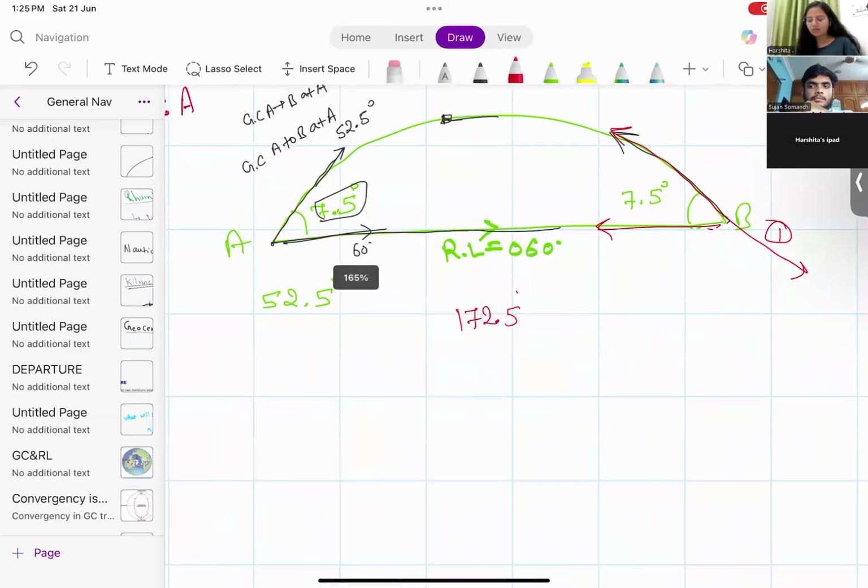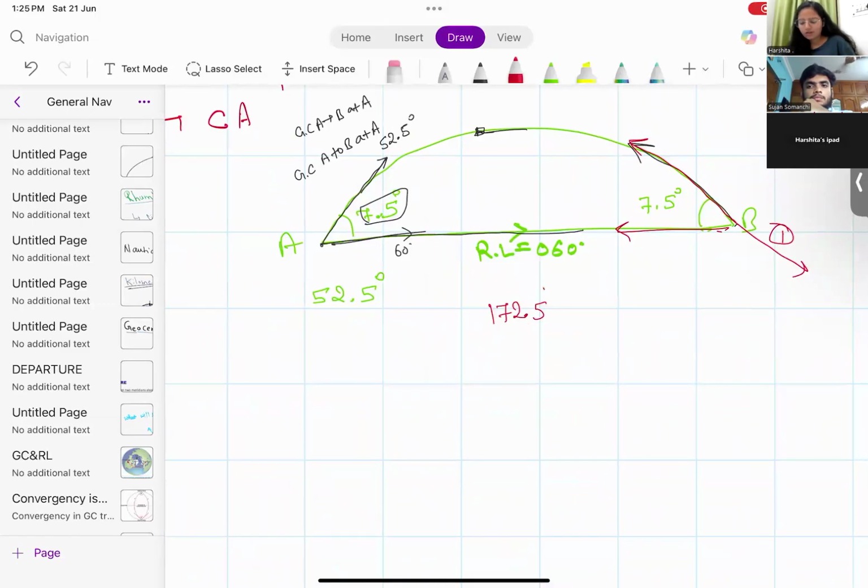No, I see what you did. You are telling me this thing. Did you add 180 plus 52.5 or something like this? 180 minus 7.5. You did 180 minus 7.5.